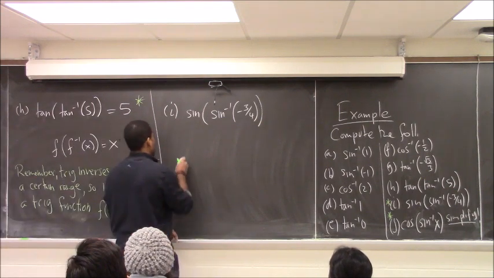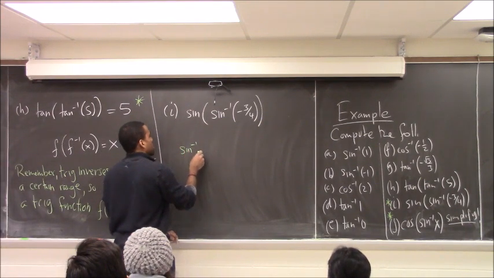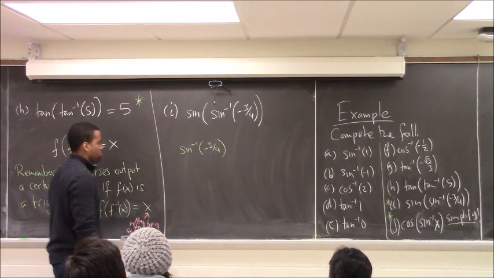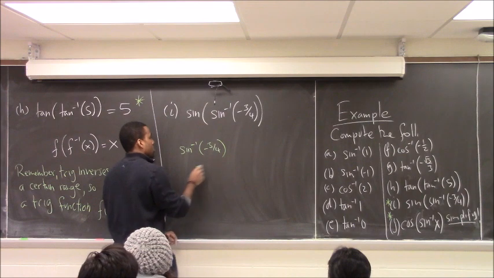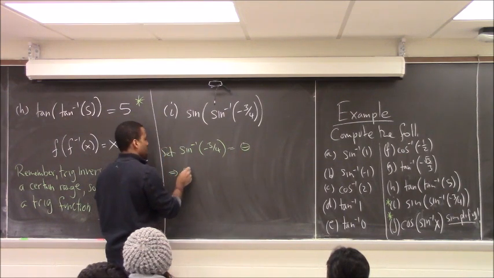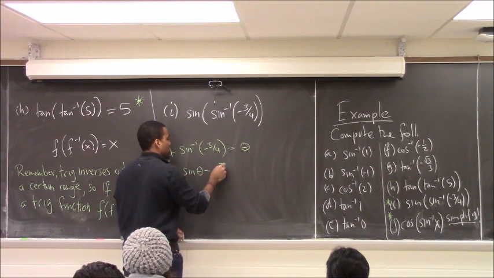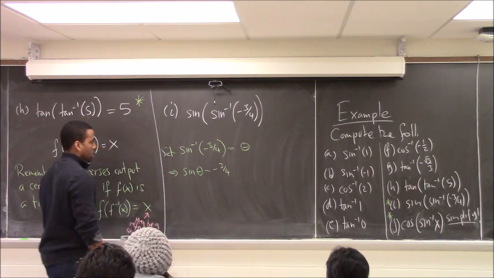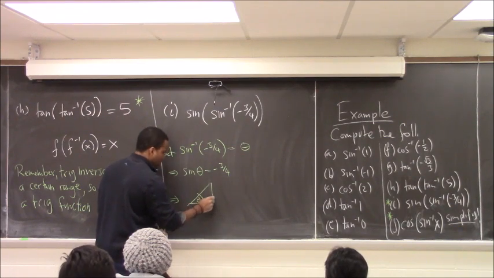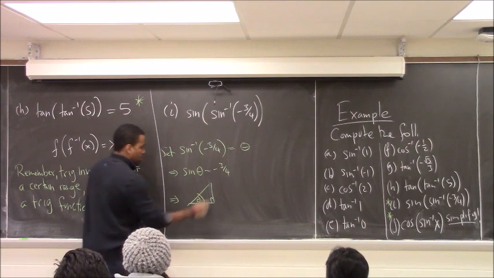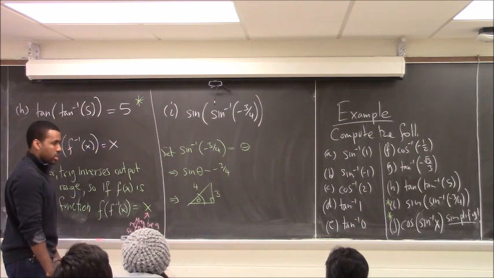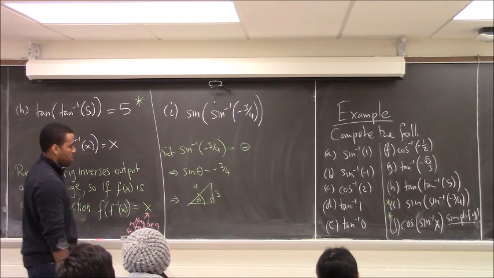So first of all, if you look at sine inverse of minus 3 over 4, what you will notice is that if I set this equal to theta, this means I want my sine of theta to equal minus 3 over 4. Now what that actually means is there is some right triangle where the opposite is 3 and the hypotenuse is 4 that is going to have my sine function working that way.